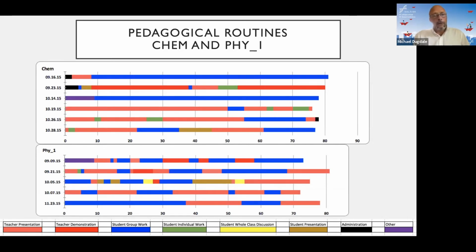So for instance, in this case, the chemistry teacher has very long student group work sessions, whereas the physics teacher on the bottom, and those are indicated in blue, the physics teacher on the bottom has these short staccato-like interventions, much shorter, but they're repeated, they come back to them.